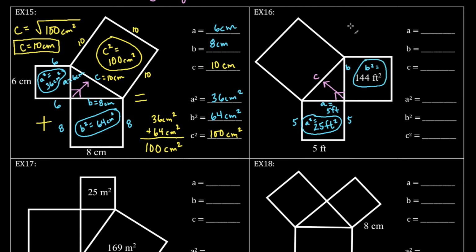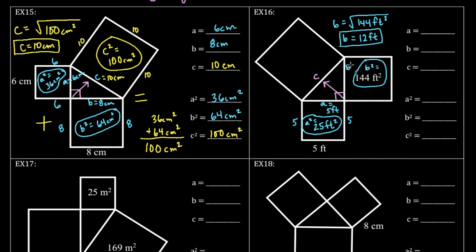So I need to take the square root of 144 feet squared. If I take the square root of that, it will give me B. And so B is 12 feet. B equals 12 feet.